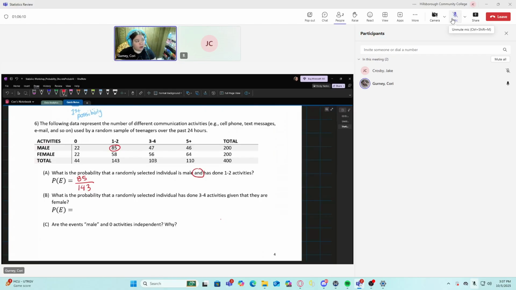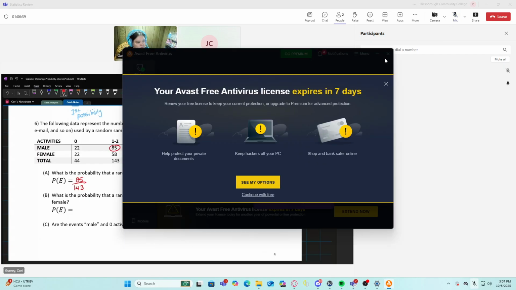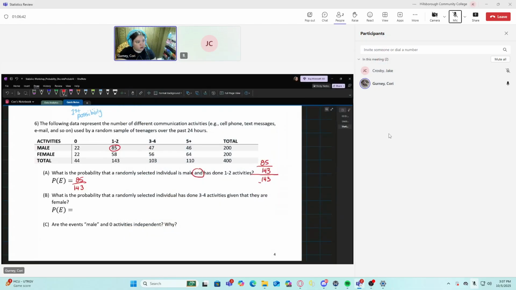And this is where I was saying it gets a little messy, because they do cancel each other out. So the 85 out of the 143 is the total, because you're saying a male given that he has done 1 to 2 activities, because they have something in common. They're not mutually exclusive. They are not dependent or independent. You could say this is the and right here, out of the total number of 1 to 2 activities out of the total. So they will cancel out.